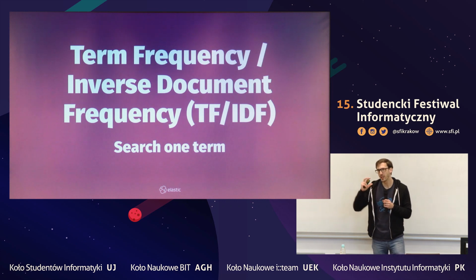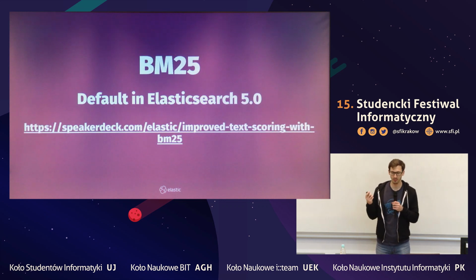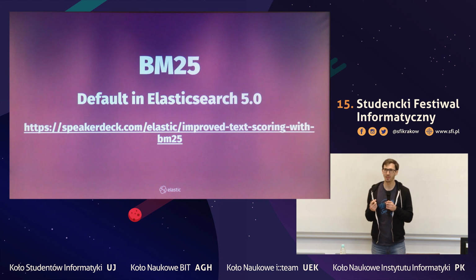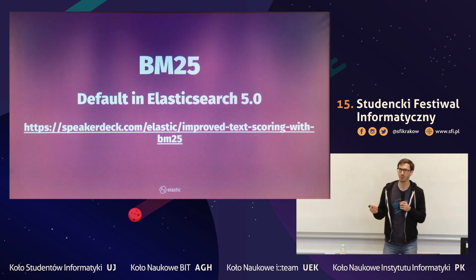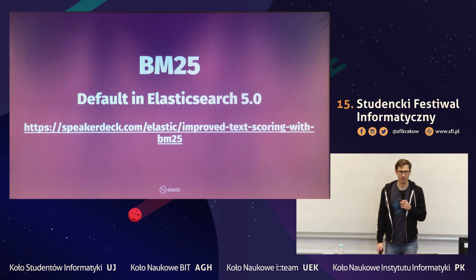We have slightly tweaked the algorithm, but the same idea still applies, and it's now called BM25. BM25 stands for best match 25, so it's the 25th iteration of the best match algorithm. So maybe at some point we will have BM28 or whatever, when there are some new iterations to make this algorithm even better.